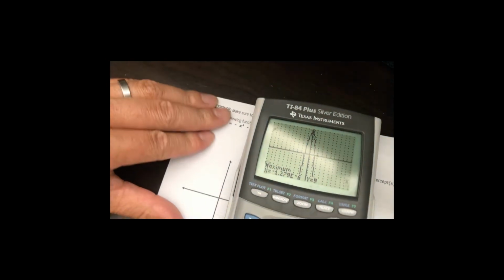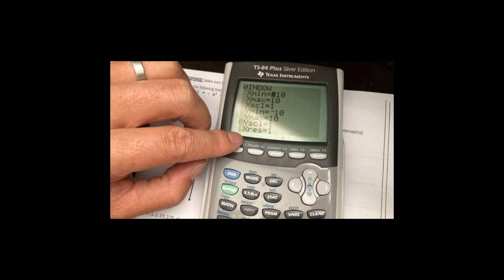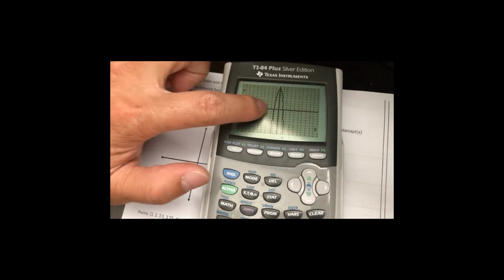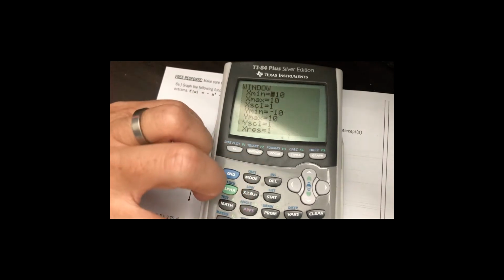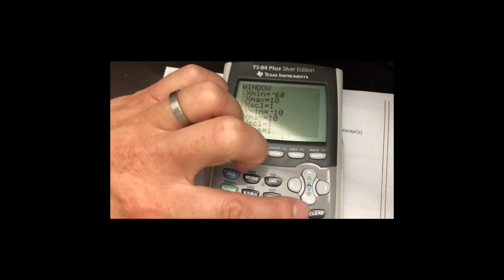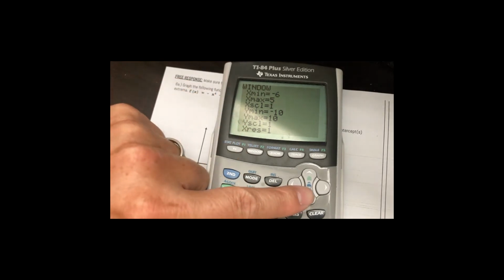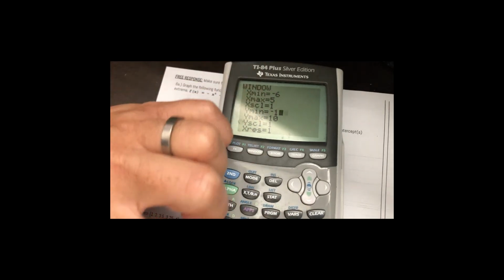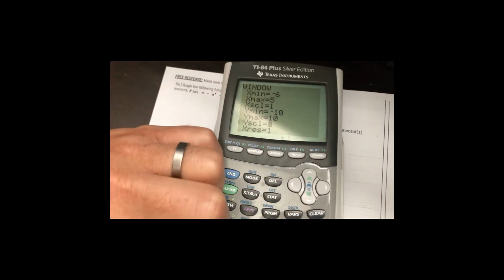Now before I sketch it, let's double check by the window. Let's go to window. I don't need so much on the left side, right? I can trim this, I can trim that. So maybe we do like -6 to 5. Y minimum, I just want to see what's happening to the graph. So I'm going to go -100, and then we'll count by tens.